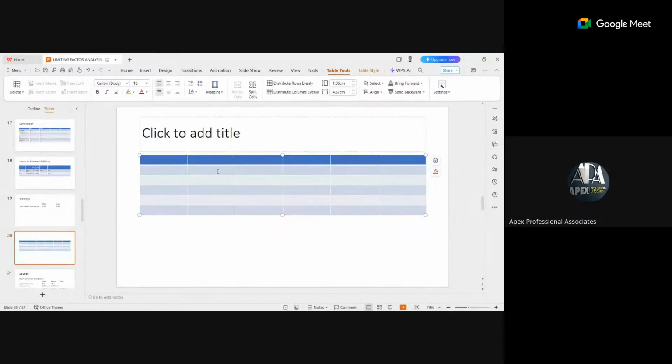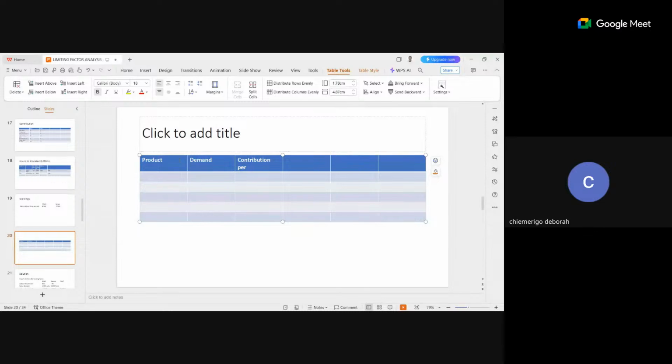Now, to do this, let's say we have products, we have demand, and also we have contribution per unit. Contribution per unit. Let's say we have total.